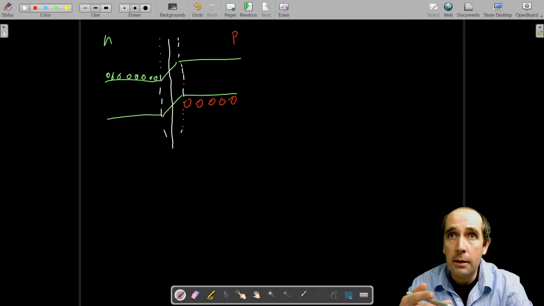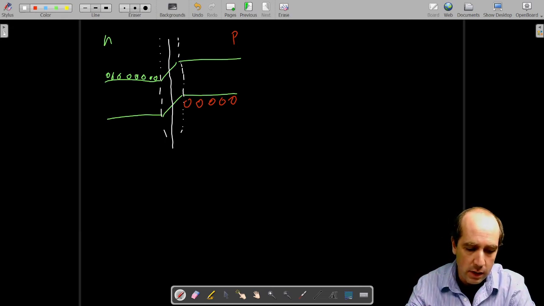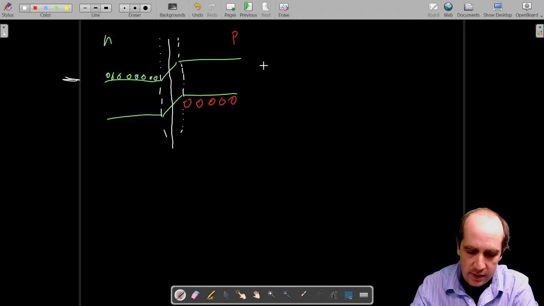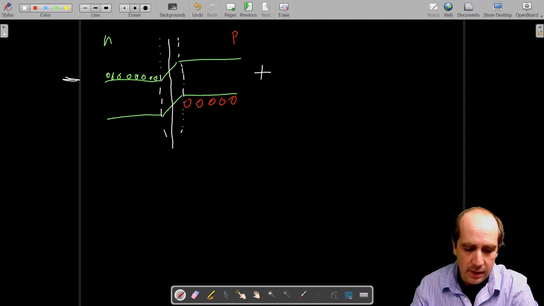When the diode is biased directly, so that means when we put a negative pole on this side and a positive pole on this side, these basically repel the electrons and the holes into the conduction band.